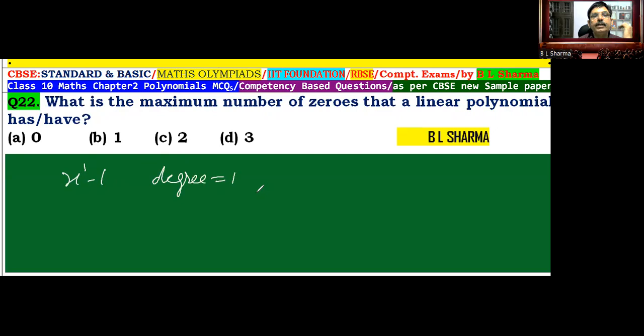So degree of a linear polynomial is 1, or as I discussed with you, the maximum number of zeros will be equal to its degree. कितने सबसे ज्यादा जीरोस होंगे उसकी डिग्री पे डिपेंड करता है. लीनियर पोलिनोमियल का डिग्री 1 होता है, तो इसका मैक्सिमम नंबर ऑफ जीरोस दैट विल बी 1. सो बी इज द करेक्ट ऑप्शन.